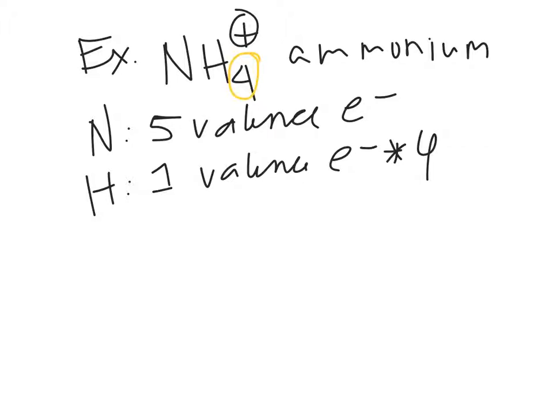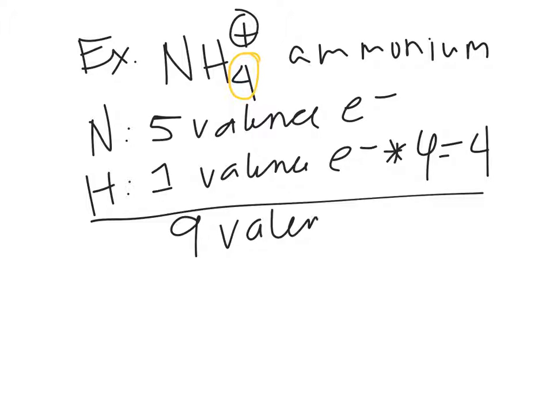So that means that there are 4 valence electrons from the hydrogen. So if we add that up, we get a total of 9 valence electrons from nitrogen and hydrogen.